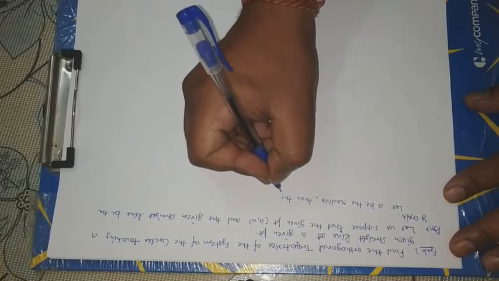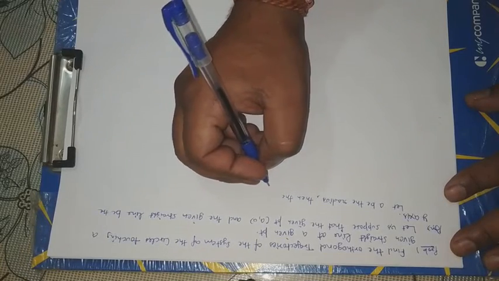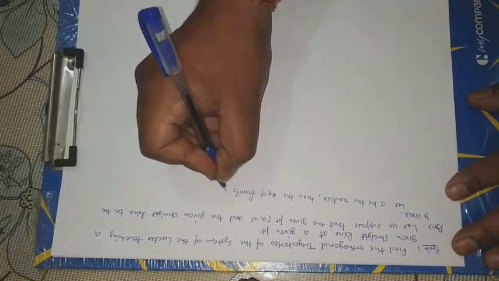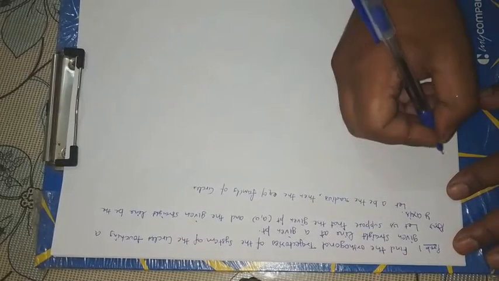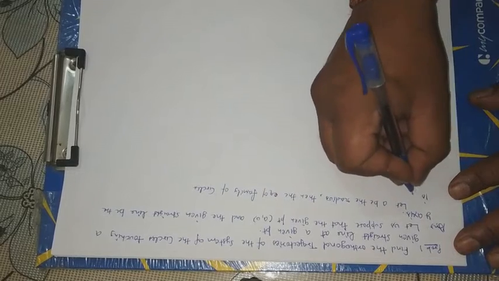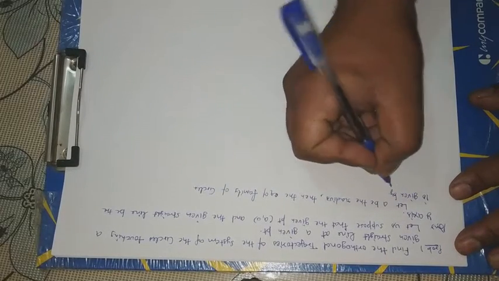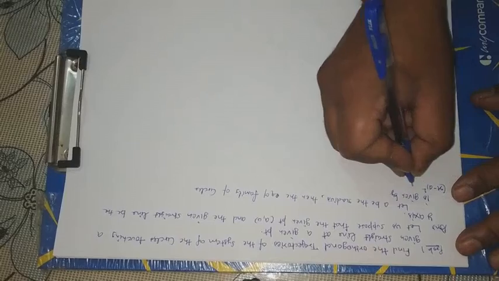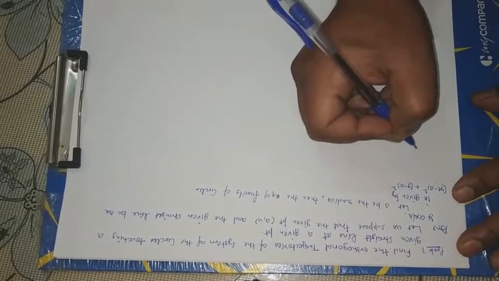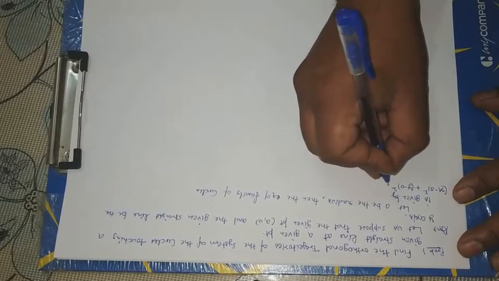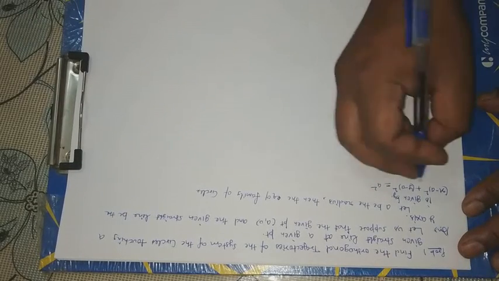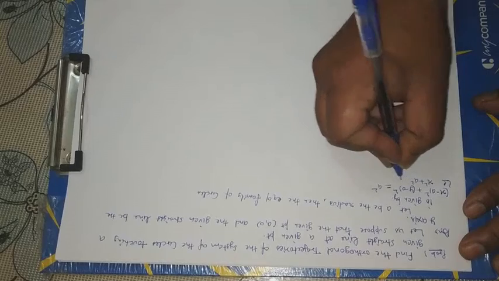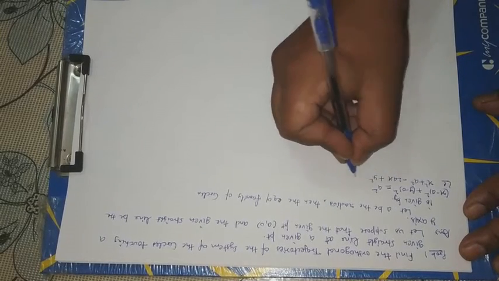Then the equation of the family of circles is given by (x minus a) whole square plus (y minus 0) whole square equal to a square, that is x square plus a square minus 2ax plus y square is equal to a square.